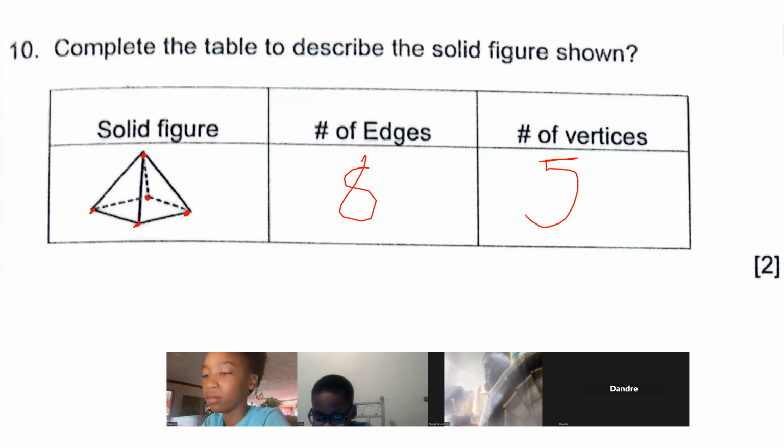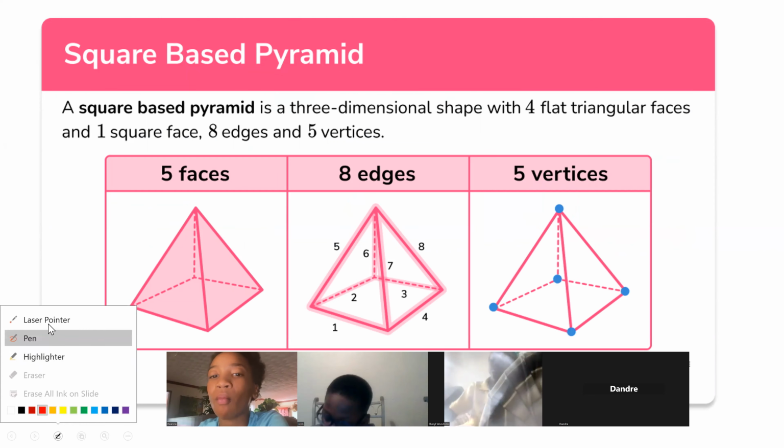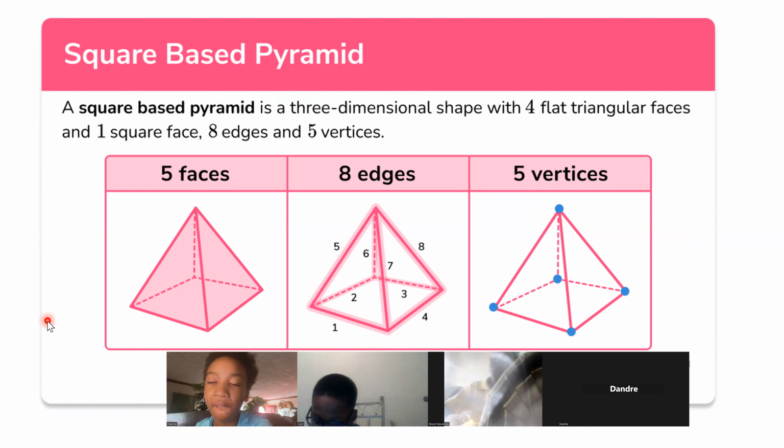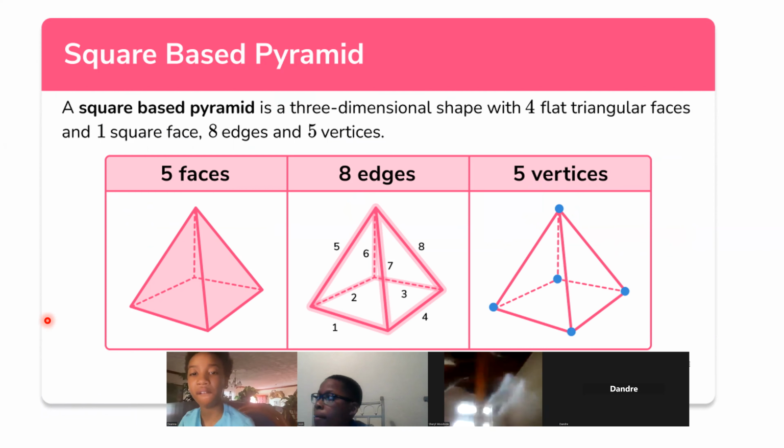All right, let's move on to the next question, question number 11. Before we go to question number 11, this is what we call a square-based prism. It's showing you the number of faces and vertices it has.